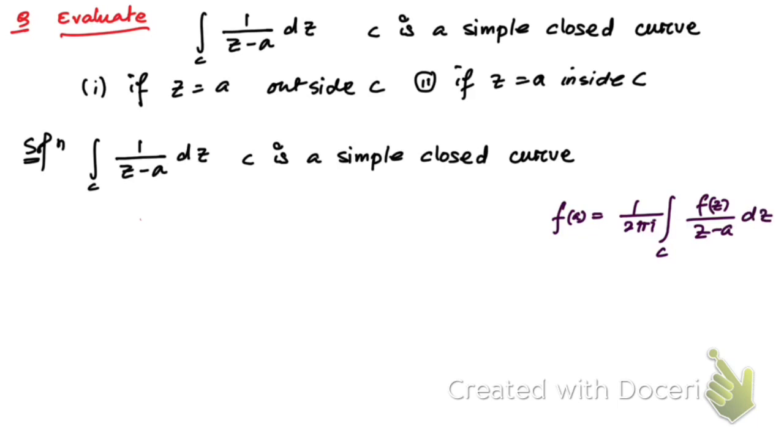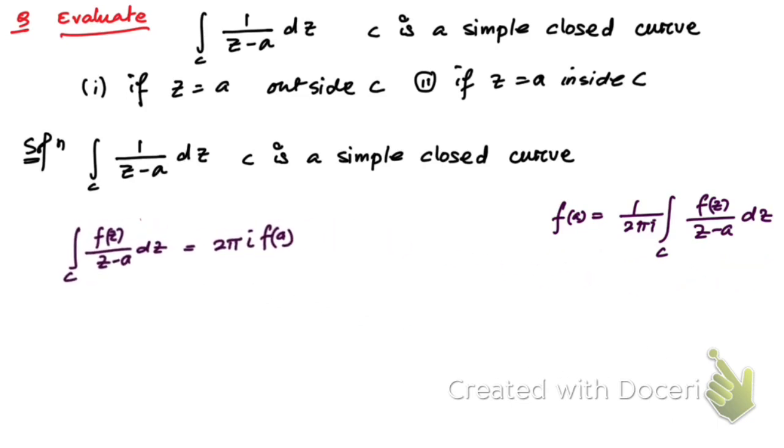Now we're going to compare this with this part, so let me simplify it: the integration of f of z over z minus a dz is equal to 2 pi i f of a. We're going to use this form of Cauchy's integral formula.